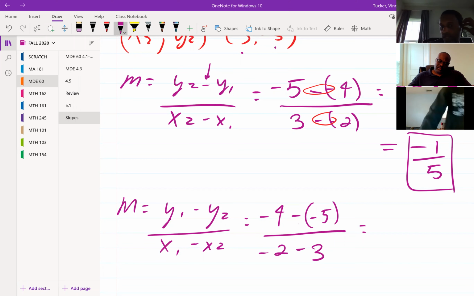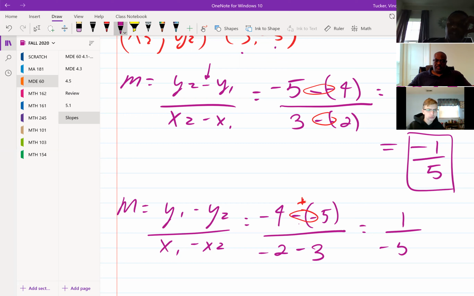So once again, we have negative applied to a negative in our numerator, so that'll be a plus 5. So I will end up getting a positive 1 on top. On bottom, I get negative 5. So that's still negative 1/5. And so like I said, as long as you stay consistent in your substitution, then you will get the same slope.